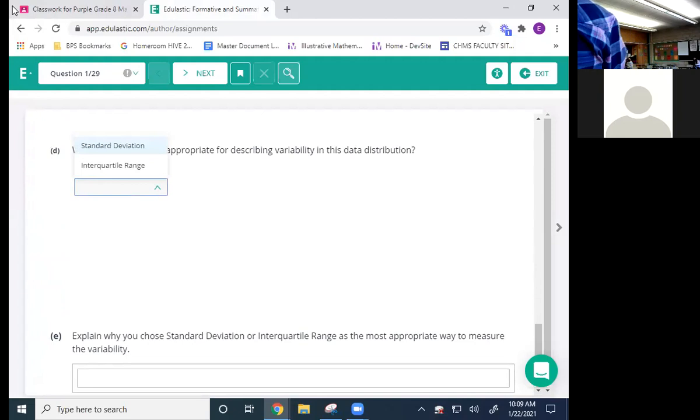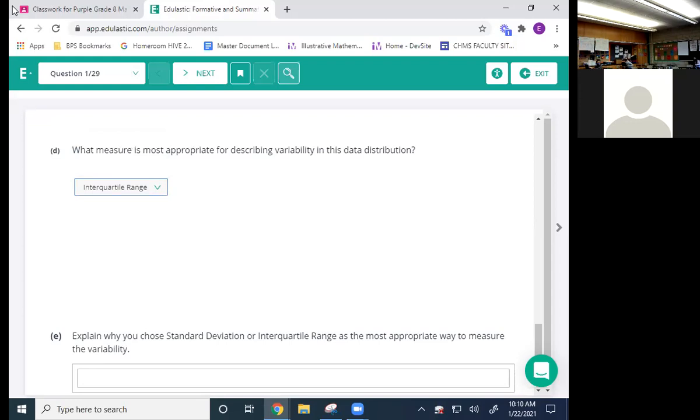Which one goes hand in hand with a box and whisker plot? The interquartile range. Nice job, Abby. Very good, Kyle. We would say our interquartile range. And the reason for that is because when you use the median, the interquartile range is its buddy.